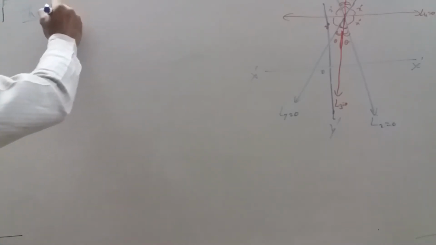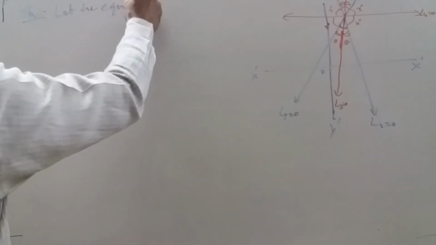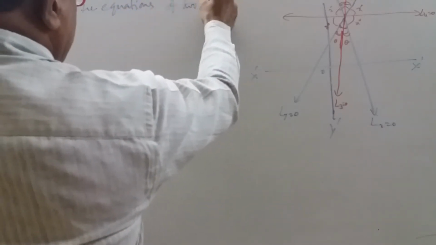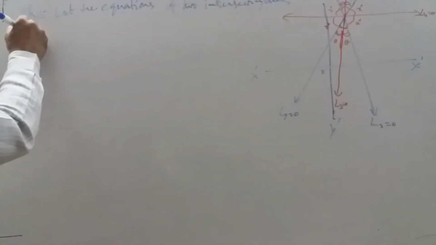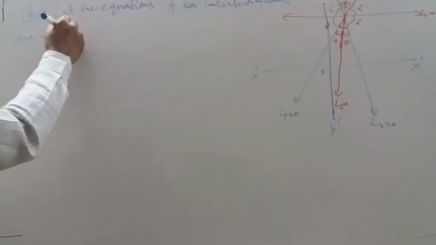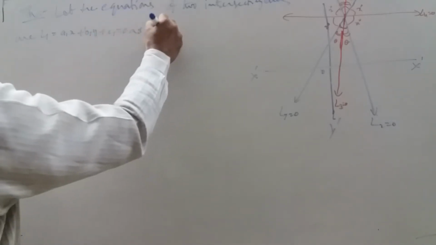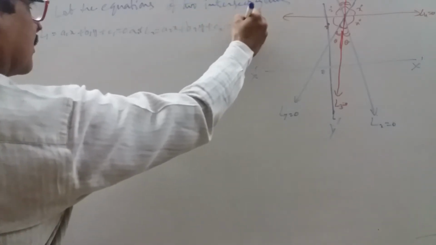Here, take, if it is a theorem, let the equations of two intersecting lines be L1 is equal to A1x plus B1y plus C1 is equal to 0 and L2 is equal to A2x plus B2y plus C2 is equal to 0.